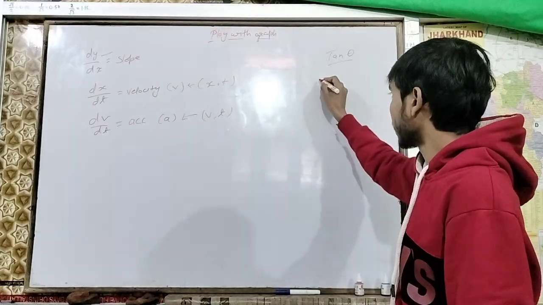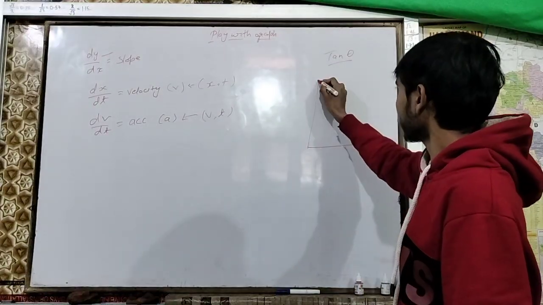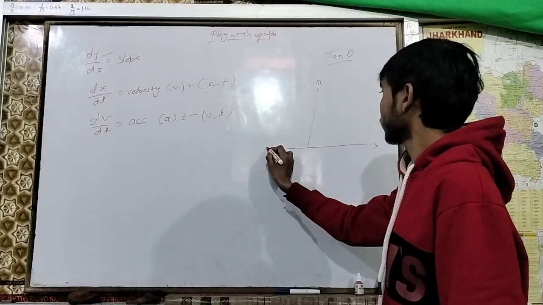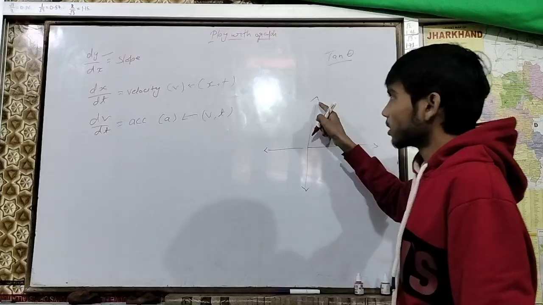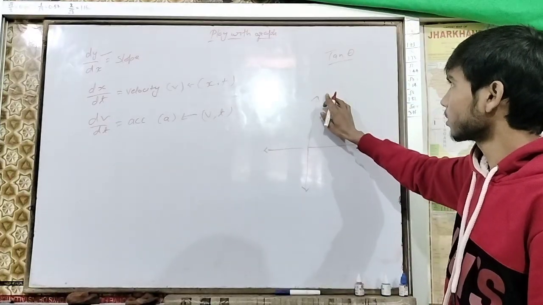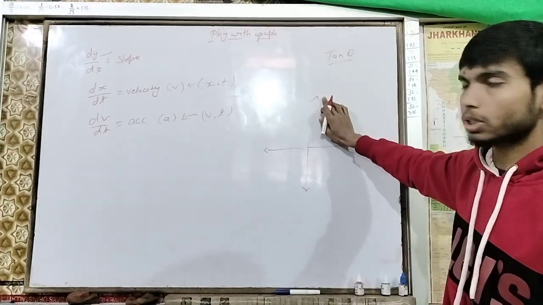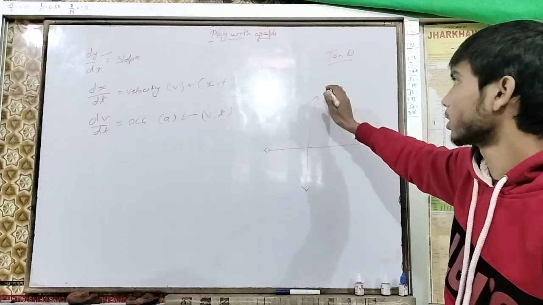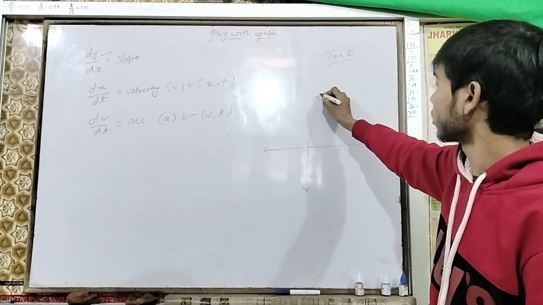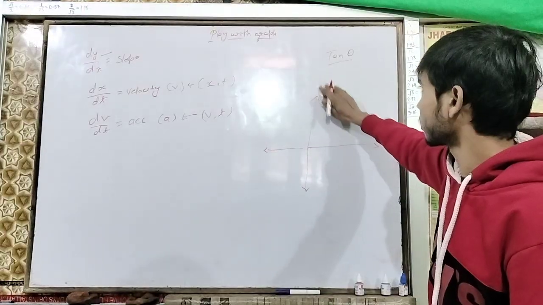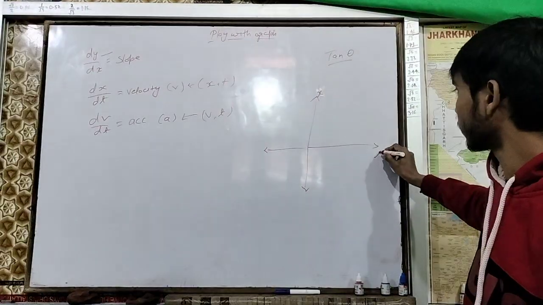On the graph you will realize it like this. This is known as y, but here instead of y, you will add this x, and this will be our t.